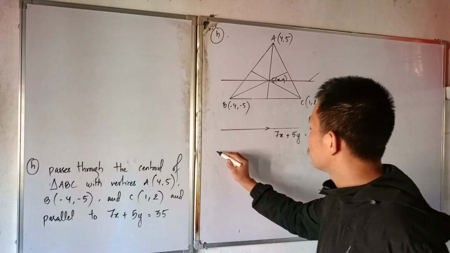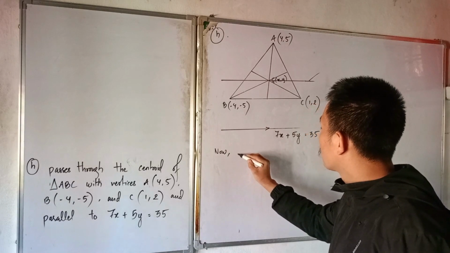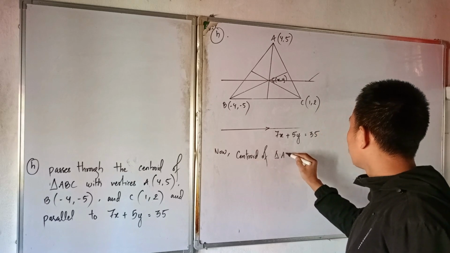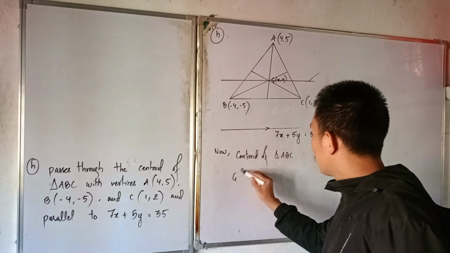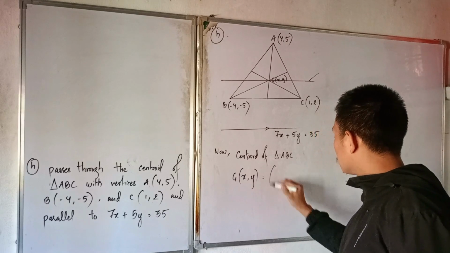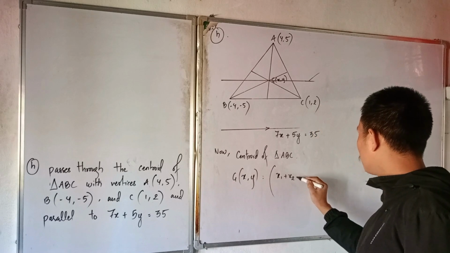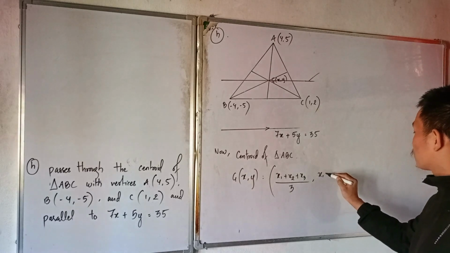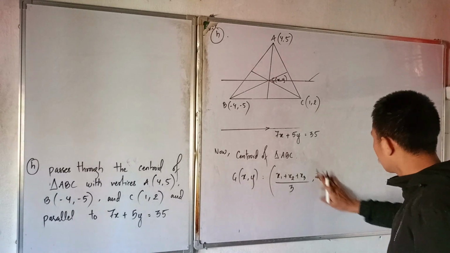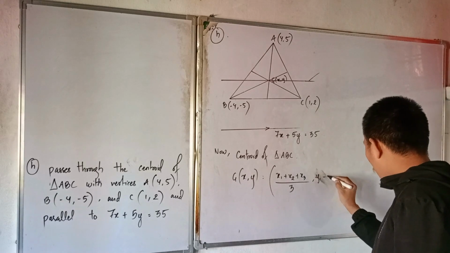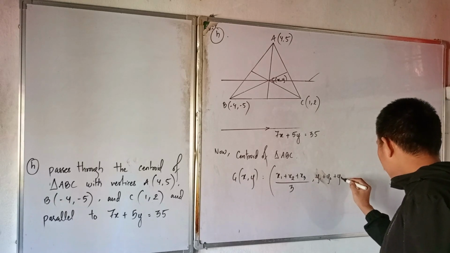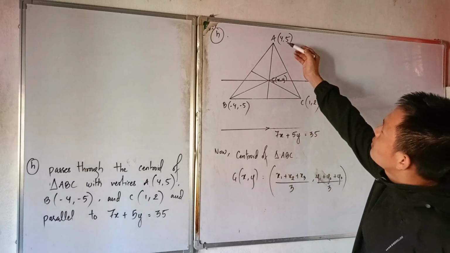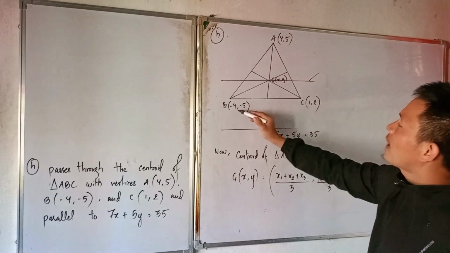Centroid of triangle ABC. So how do you get that? G(x, y) equals (x1 plus x2 plus x3) divided by 3, and (y1 plus y2 plus y3) divided by 3. Suppose this is x1 y1, this is x2 y2, and this is x3 y3.